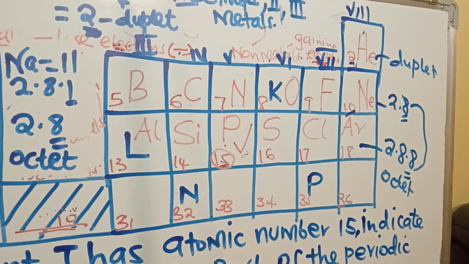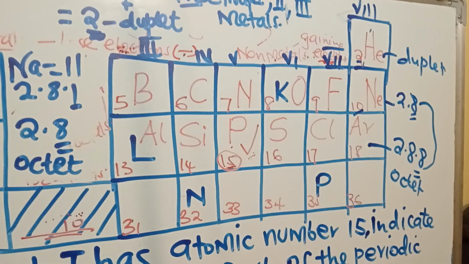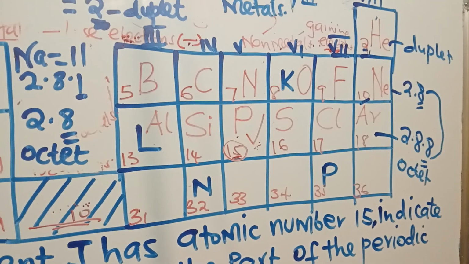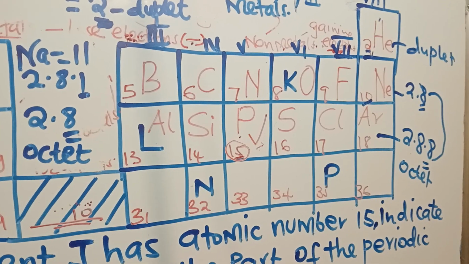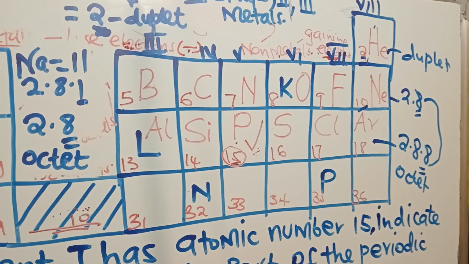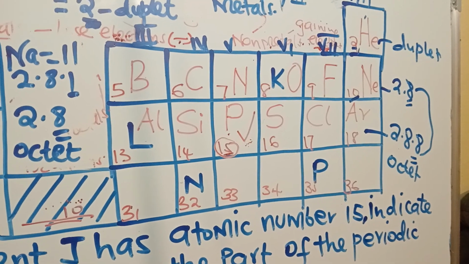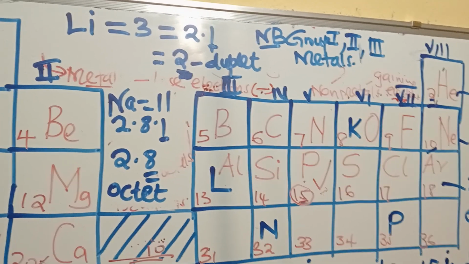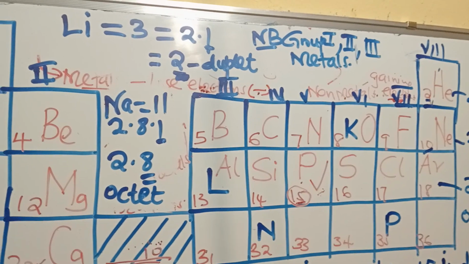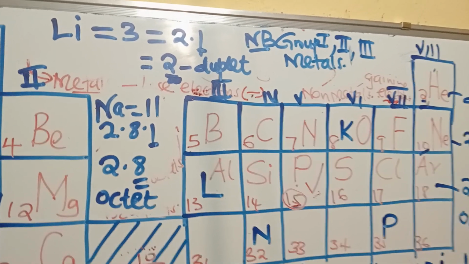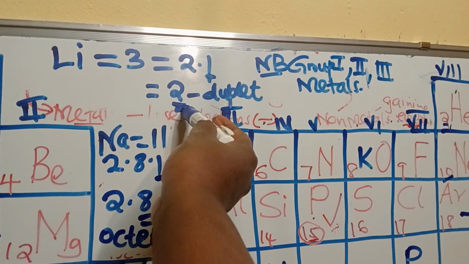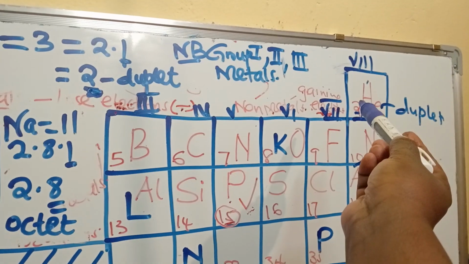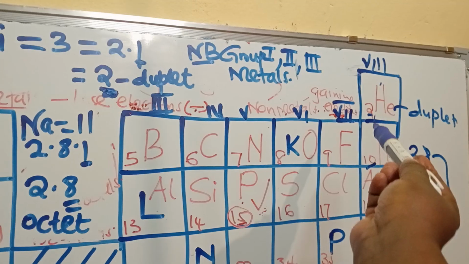Helium has a duplet configuration. Neon, argon, and the rest of them down there, the likes of xenon and krypton, they usually have an octet configuration. So when metals lose electrons, like lithium, and it ends up with 2, these 2 look like the electronic configuration for helium.